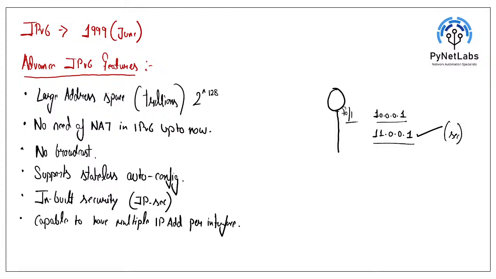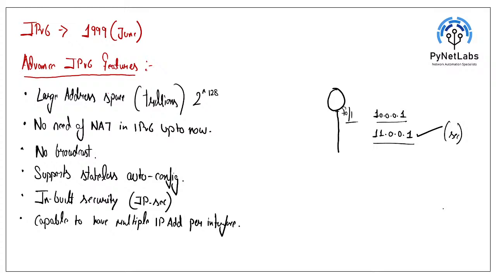But in IPv6 you will find that we can have this kind of scenario where we have multiple addresses per interface. So this is the first thing we need to understand about IPv6.